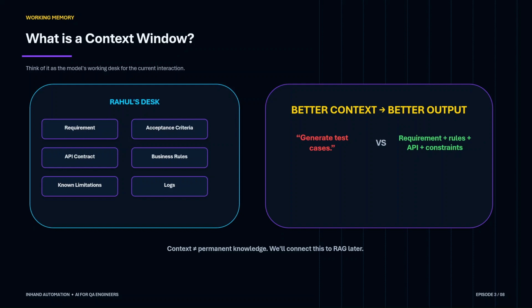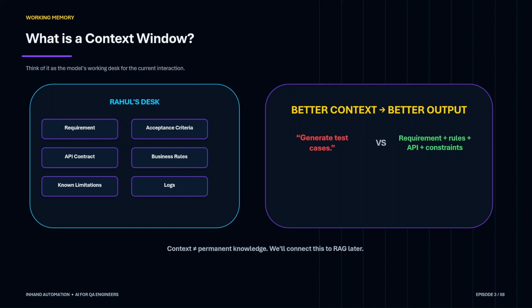And now he discovers another important concept, which is the context window. So what is a context window? Imagine Rahul has a desk. On the desk, he can keep a requirement document, some API notes, some test cases, and a few logs. As long as the useful information fits on the desk, Rahul can keep it and work with it.